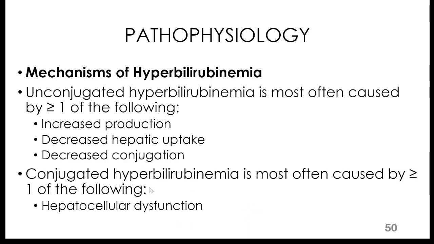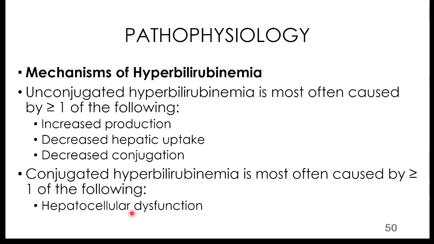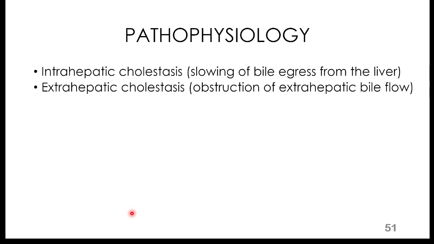All right, so it's usually caused by some hepatocellular dysfunction, or caused by cholestasis, basically stasis of bile, because chole refers to bile. Stasis just means stagnancy. So this cholestasis could be intrahepatic or extrahepatic.